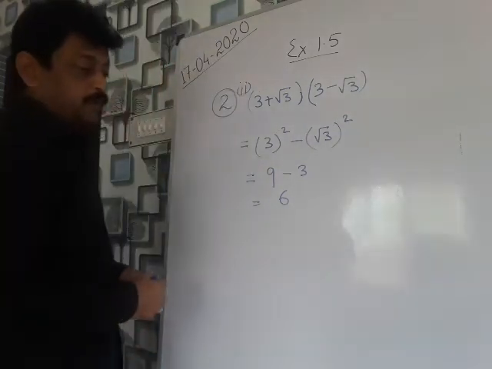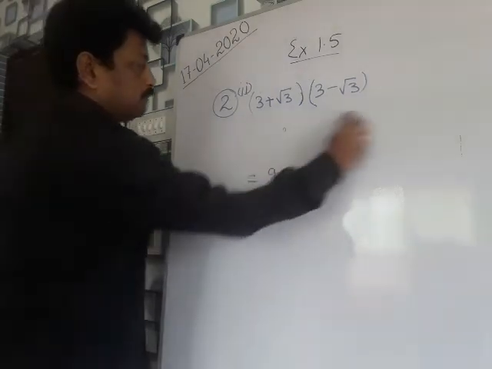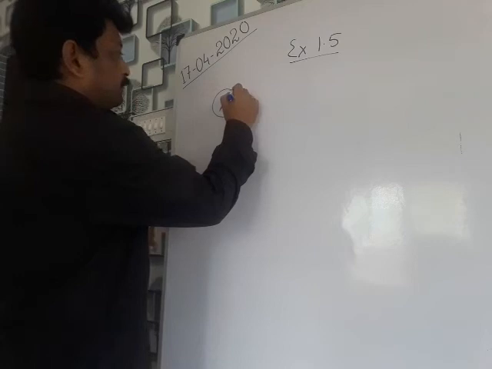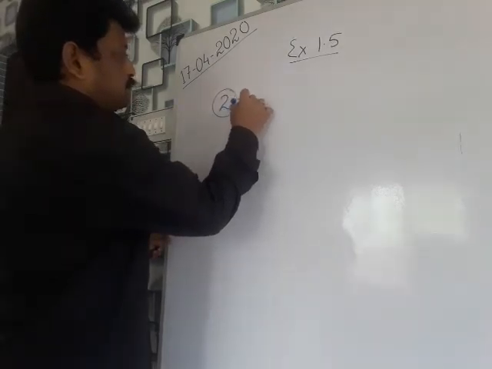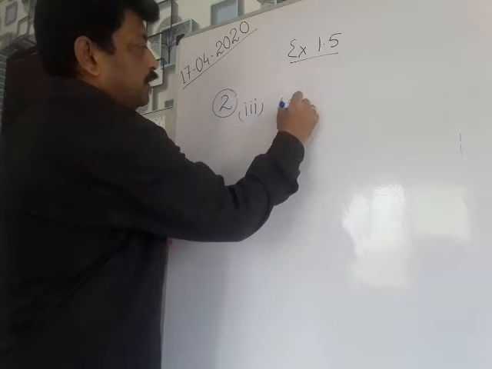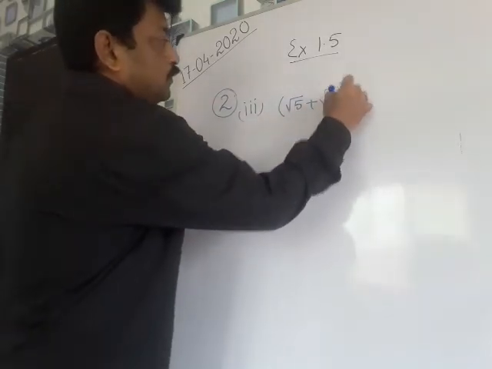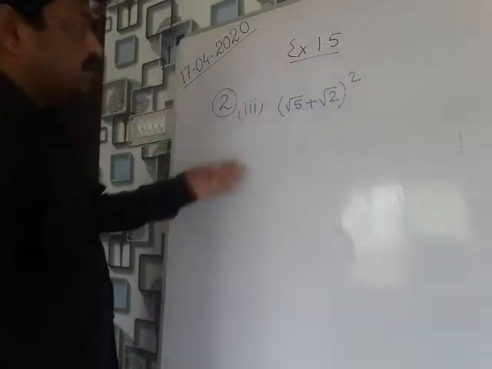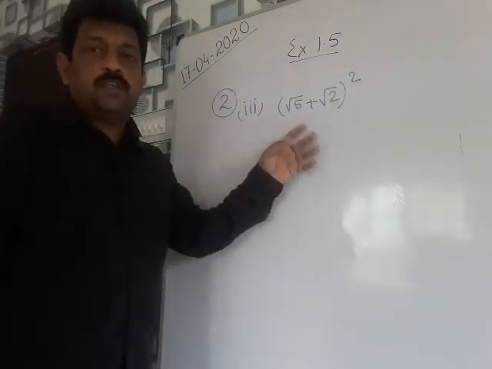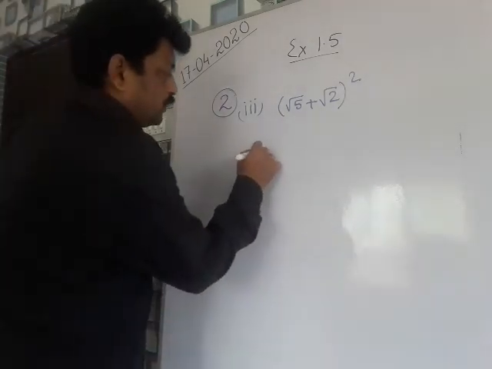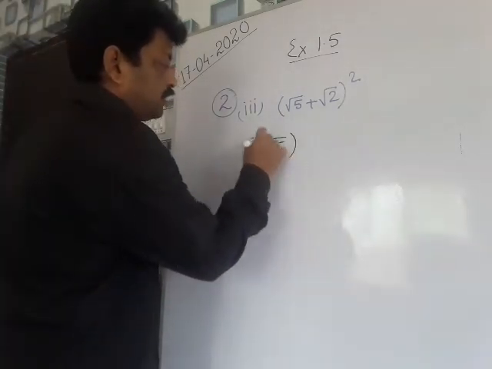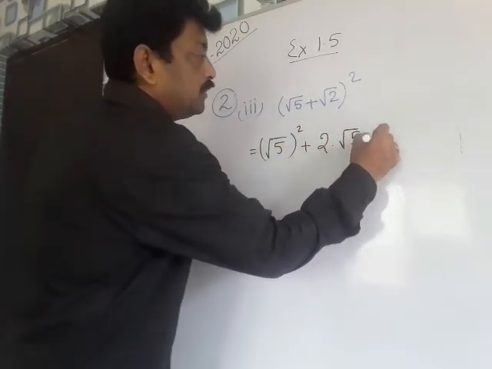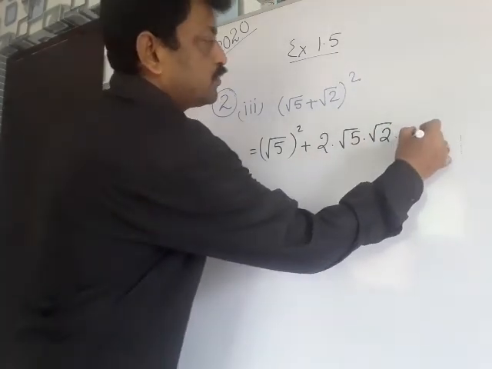Now let me solve one more problem, the third one. Root 5 plus root 2 whole square. As you can see, it is in the form of a plus b whole square. So according to the identity, a square plus 2ab plus b square.